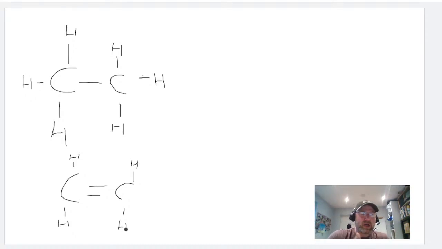So the chances of you having a sooty black flame is higher with alkenes, because the ratio is 1 to 2 in alkenes, but in alkanes there are 2 carbons to 6 hydrogens, so it's times 2 plus 2. So there's slightly more hydrogen.